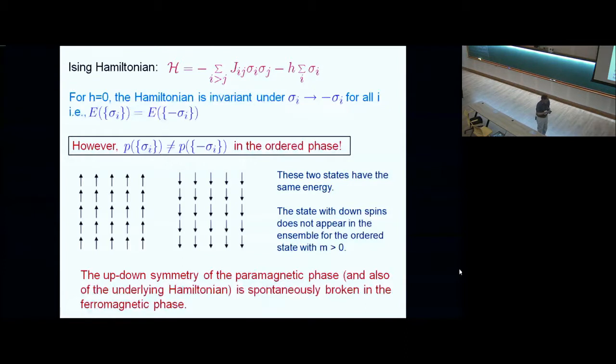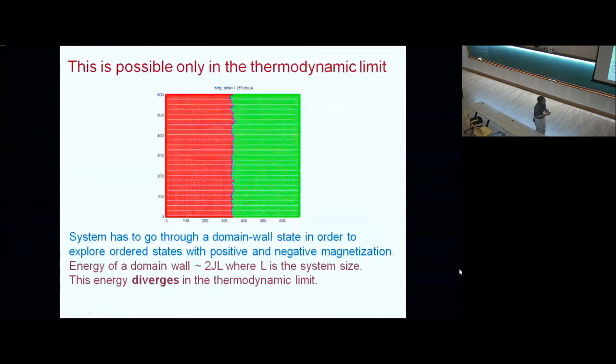So this is something that I had here. Let's say this is the up sector. You are looking at a system where you start with all the spins in the up sector at low temperatures, and these are denoted by red.